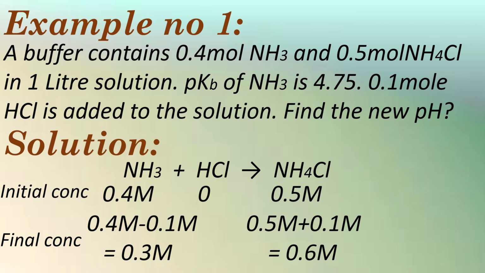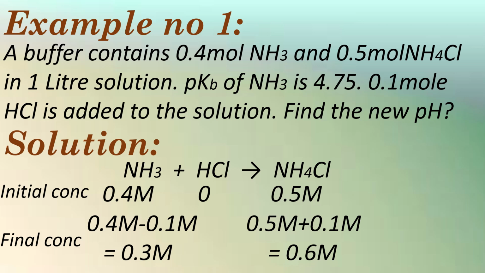So this 0.1 molar HCl reacts with 0.1 molar ammonia to form ammonium chloride. Now final concentration of ammonia is 0.4 minus 0.1 molar. It becomes 0.3 molar. Final concentration of ammonium chloride, 0.5 molar plus 0.1 molar, gives us 0.6 molar. So the final concentration of this buffer solution is ammonia 0.3 molar and ammonium chloride 0.6 molar.